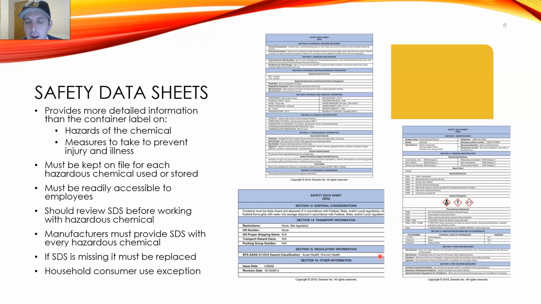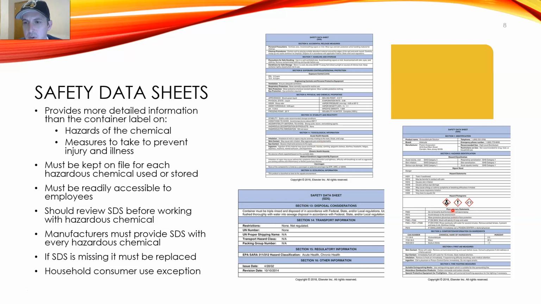The other important aspect is because obviously within a label you have a limited amount of space. So in order to help create a more comprehensive system associated with the storage, handling, and potential dangers of chemicals, the employer must also have available the safety data sheets.